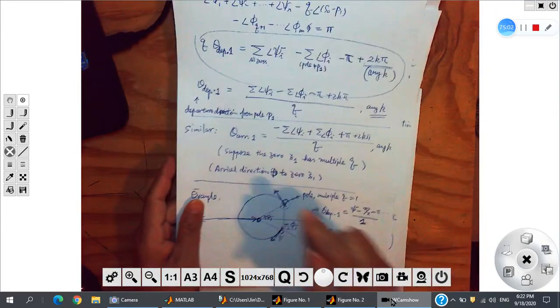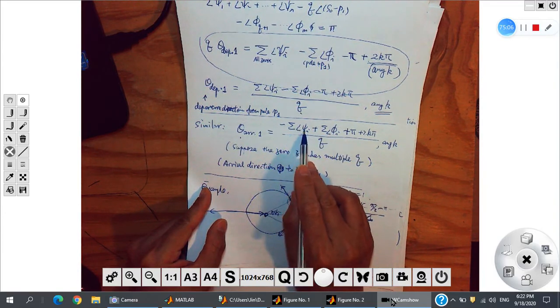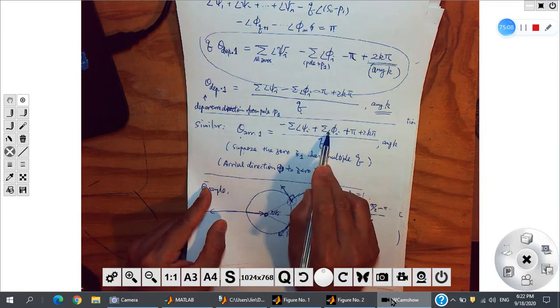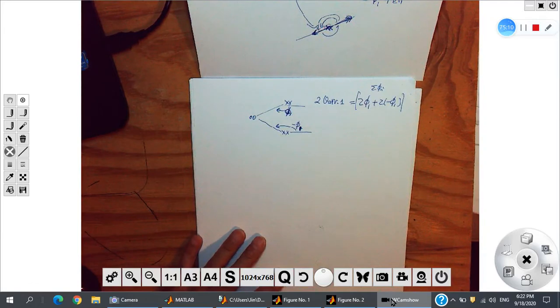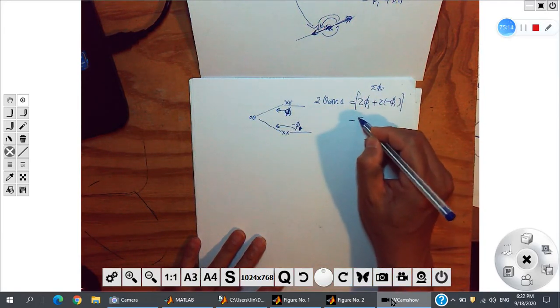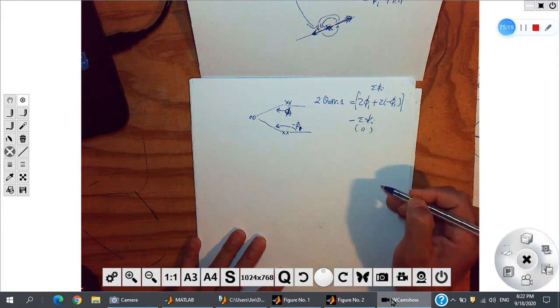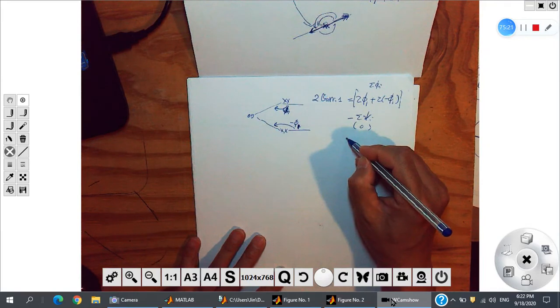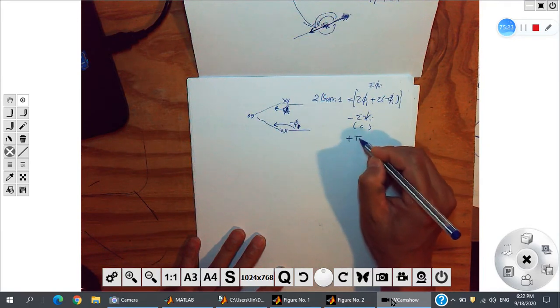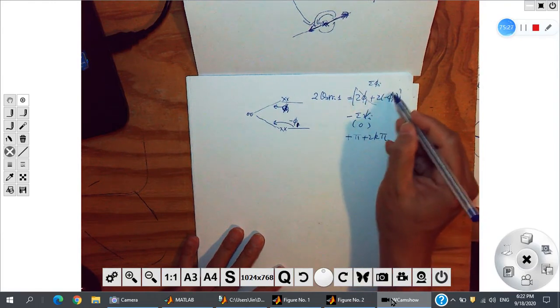Then the formula. The arrival is here, right? For arrival, varphi I need a negative, phi I need a positive. No, varphi actually. Yeah, phi is positive, and minus summation of varphi. This is 0. This is 0, and plus pi plus 2k pi. So you see this cancels.